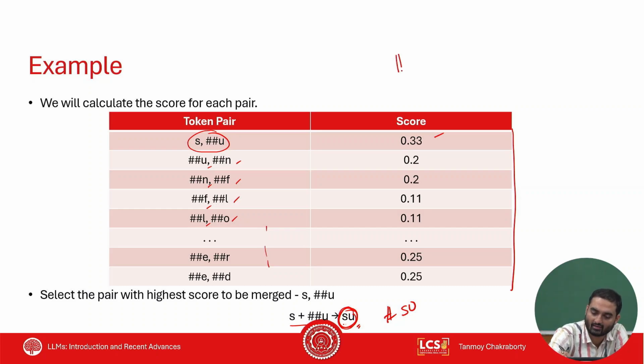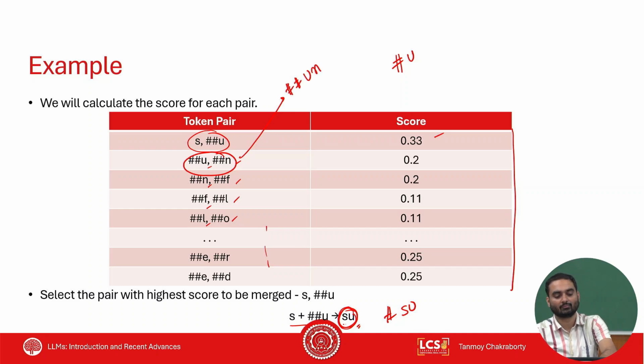But if you had merged this one, the resultant token would be ##UN, because both U and N are intermediate characters, not the starting character.